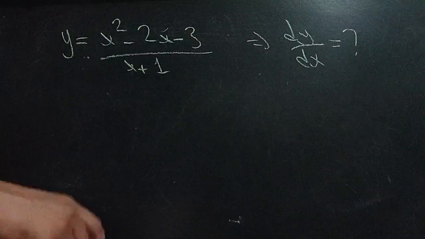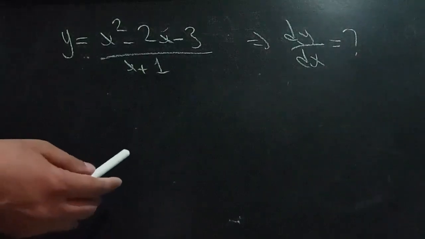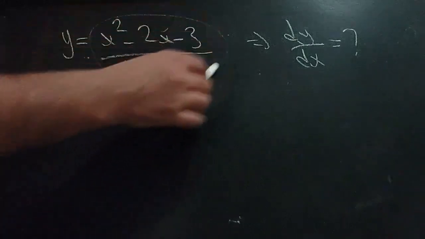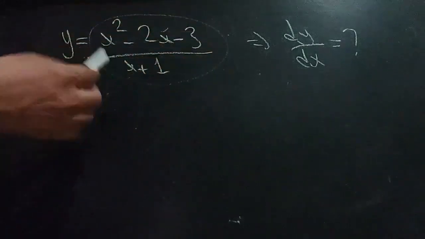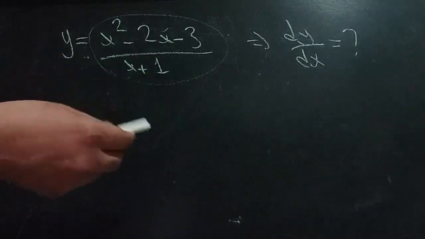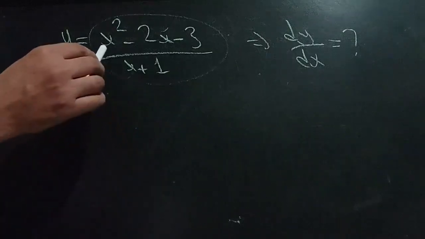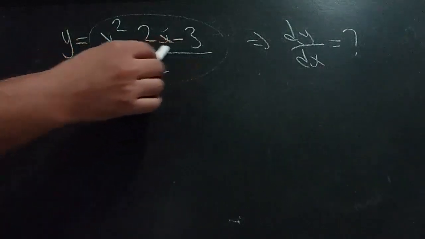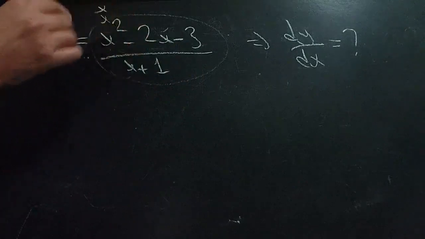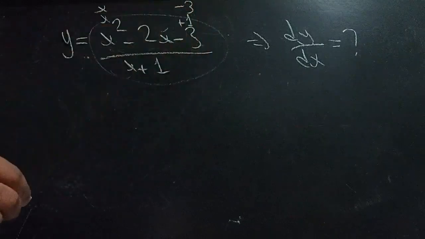Alright, my next question is that y equals x square minus 2x minus 3 over x plus 1. When you have an expression like this, you will think to simplify something, you will try to do simplification. So look at this expression, you can factorize it like that, x minus 3 and x plus 1.